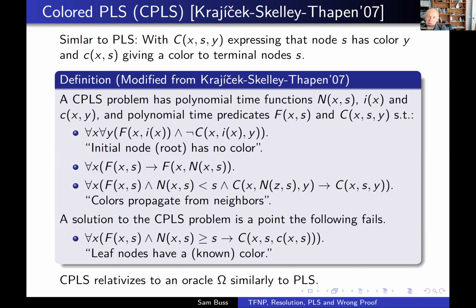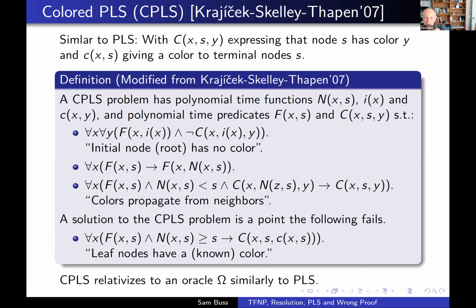And the third principle says that if the neighborhood function goes from a node S to a node S prime, and if the node S prime has color Y, then the node S has color Y. So colors propagate from the neighbors back to the point that it's a neighbor of. And I'm stating it this way just to make the next theorem flow a little better. A solution to the CPLS problem is where it fails that one of the leaf nodes has the designated color.